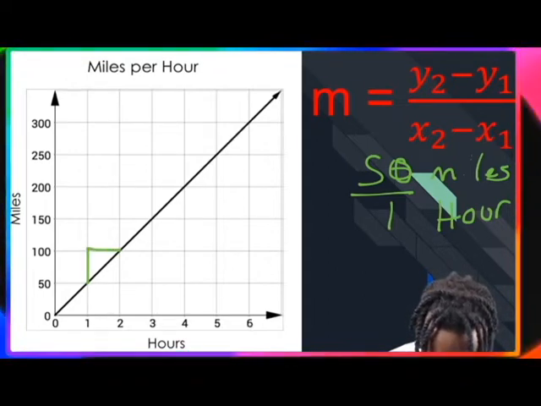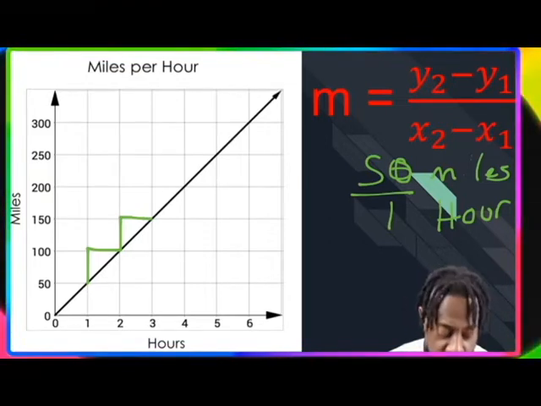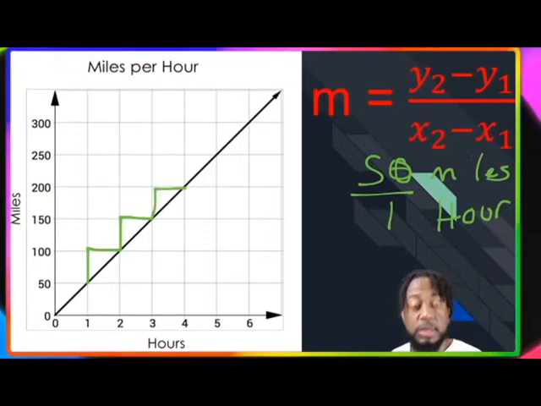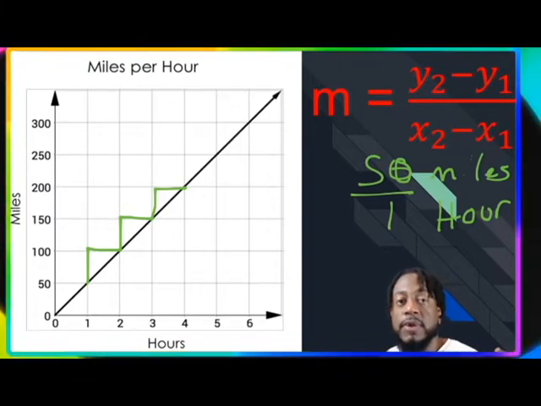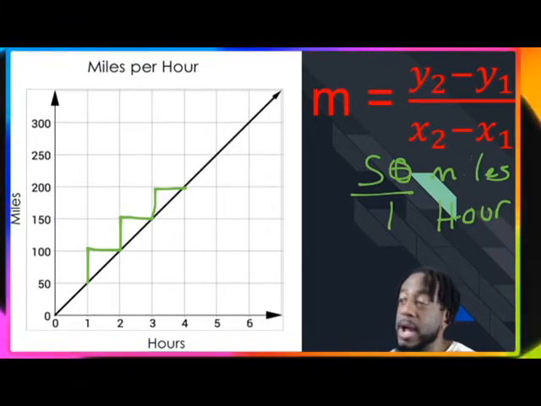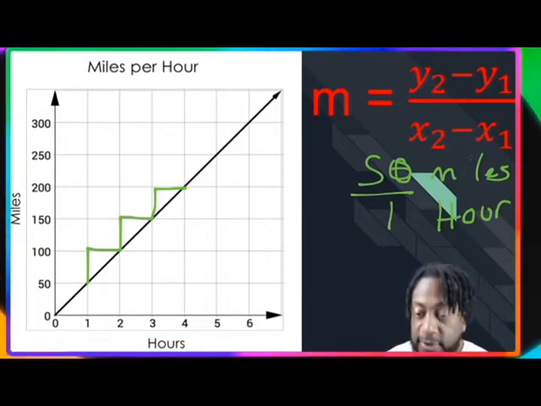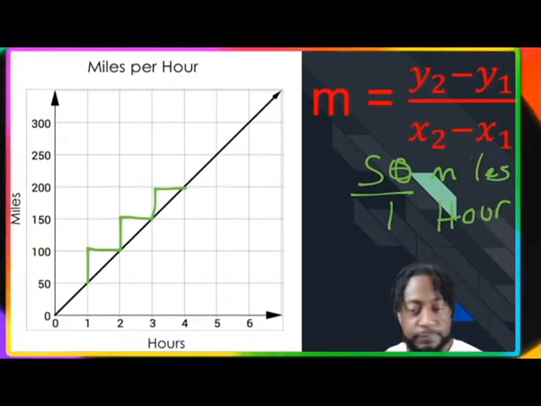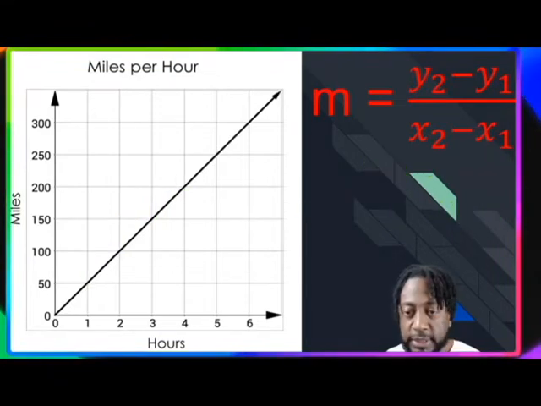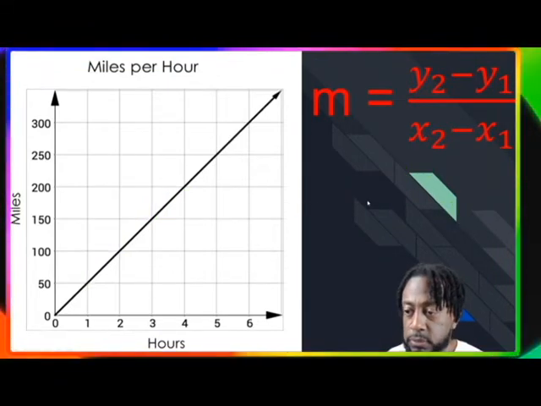Does it work? Yes. You see that it works. So to find the slope, you can use y2 minus y1 over x2 minus x1, and you can find the slope.